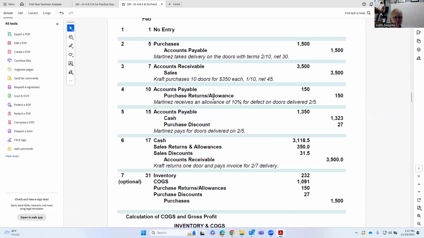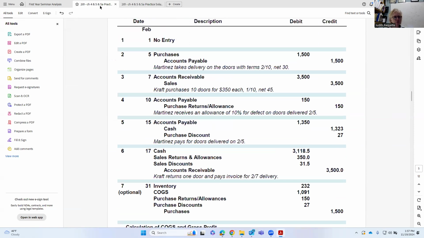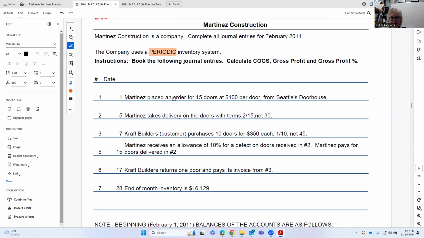All right, so first one, Martinez places an order. There's no exchange when you place an order, so it's a no entry. On February 5th, Martinez takes delivery of the doors. Okay, now we have an exchange. They've received the doors.